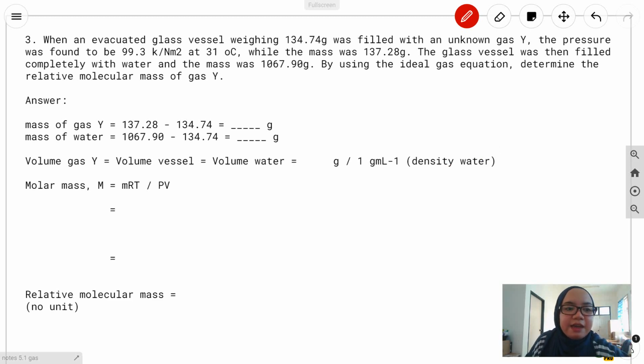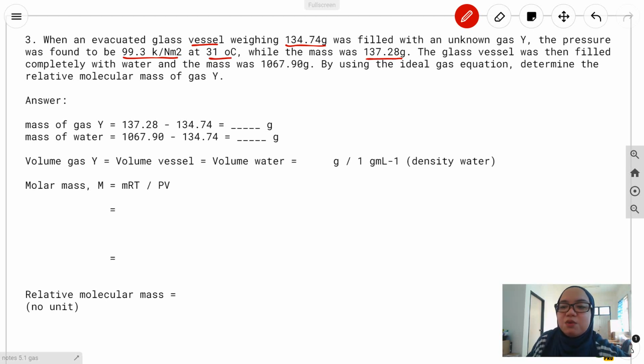when an evacuated glass vessel weighing 134.74 gram was filled with unknown gas Y, the pressure was found to be 99.3 kN per meter squared at 31 degrees Celsius, while the mass was 137.28 gram.